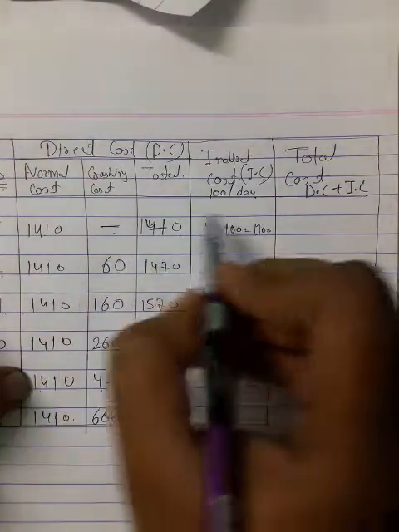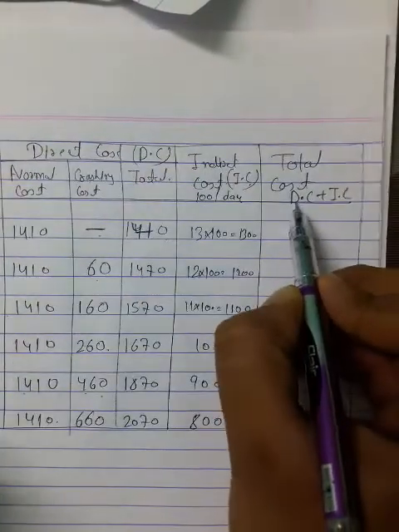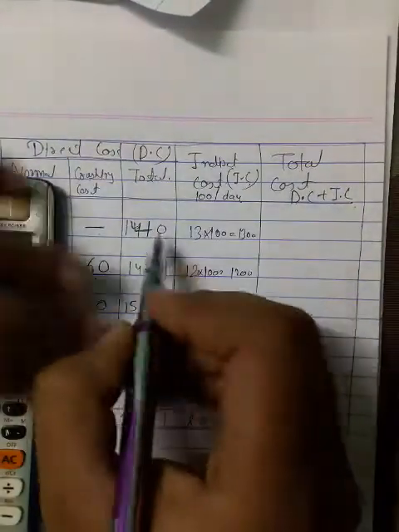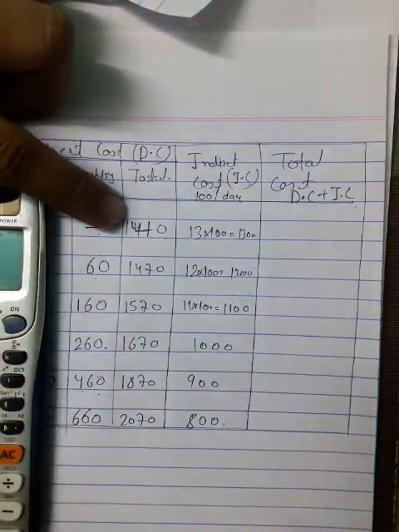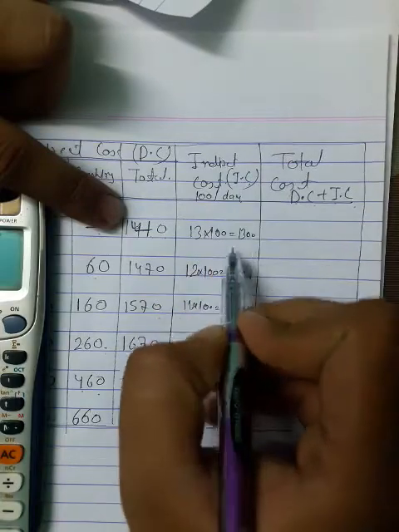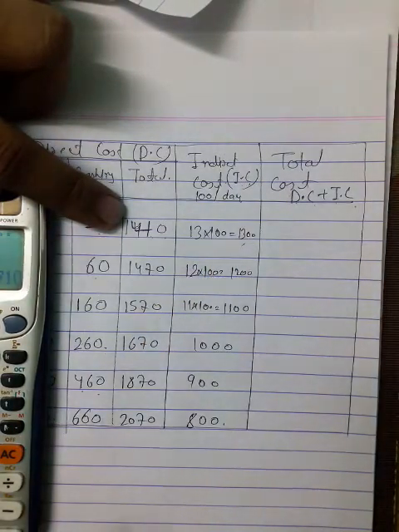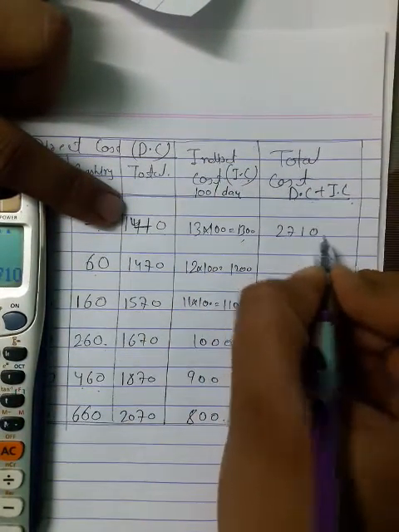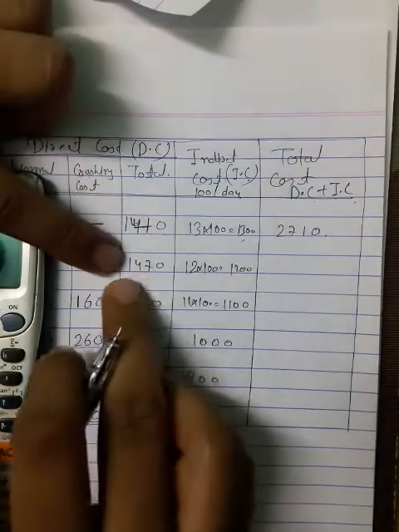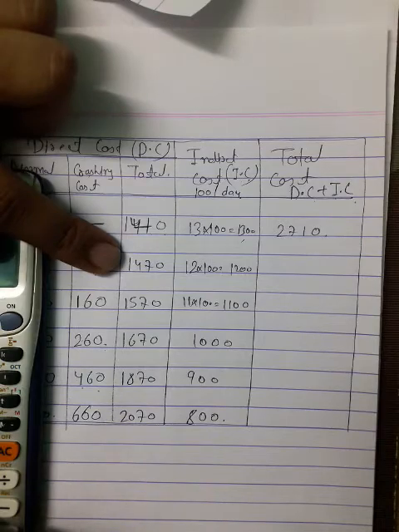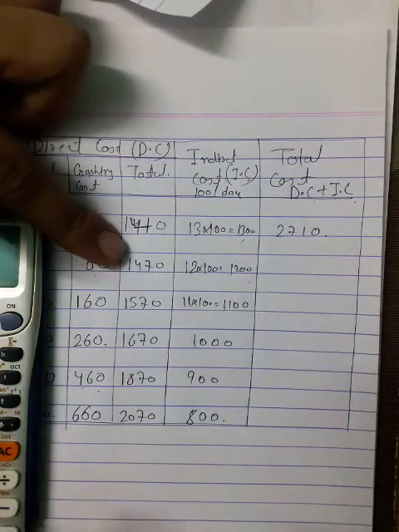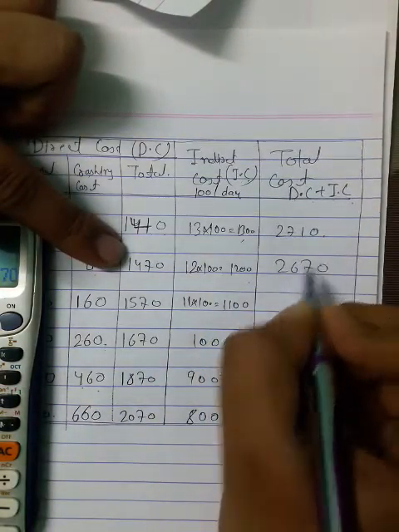Now you have to write in this column direct cost plus indirect cost. In the first row you have direct cost 1410 plus indirect cost 1300, you are going to get 2710. In the next row, direct cost 1470 plus indirect cost 1200, you get 2670.